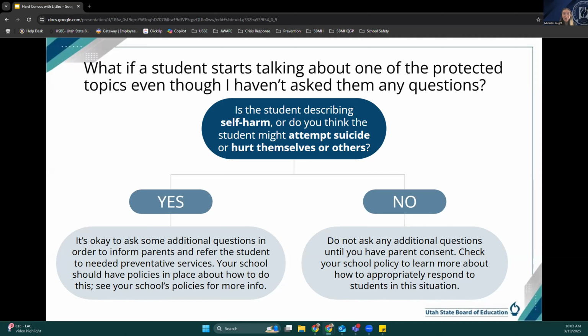It just means that you cannot inquire or ask further questions about the protected topic, and that you have to inform the student that you need parental consent if they want to talk only about that protected topic. But again, if the student is describing self-harm, attempt of suicide, or hurting themselves or others, then there are guidelines about asking additional questions.